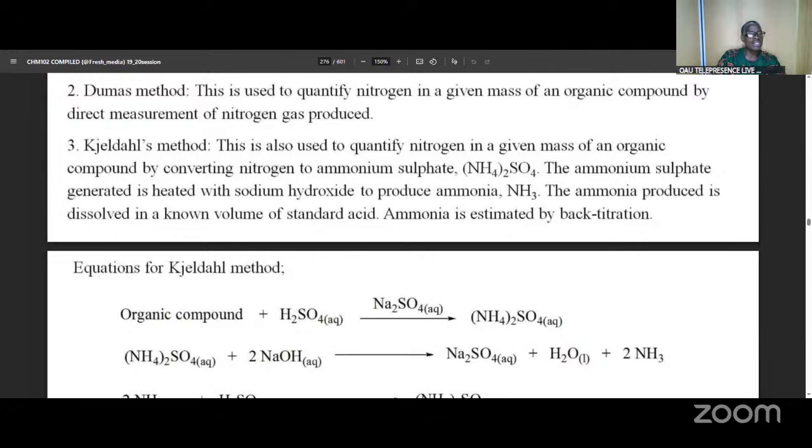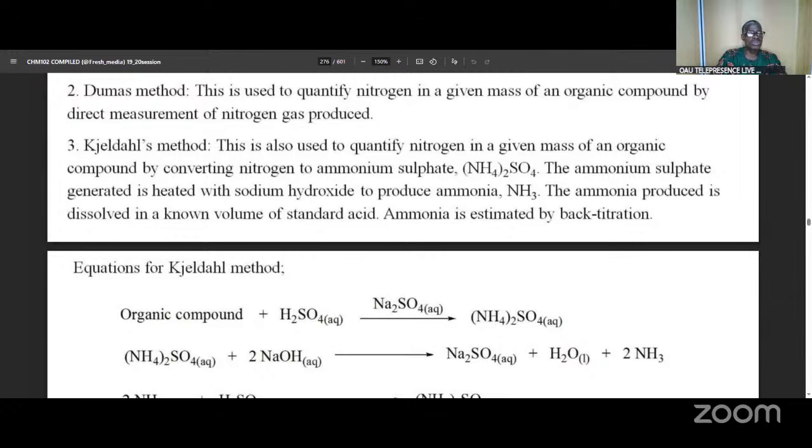Number 3 is the Kjeldahl method. This is also used to quantify nitrogen in a given mass of an organic compound. So both the Dumas and the Kjeldahl methods are used in quantifying nitrogen in a given mass of an organic compound. How? By converting nitrogen to ammonium sulfate. Then the ammonium sulfate that is generated is heated with sodium hydroxide to produce ammonia.